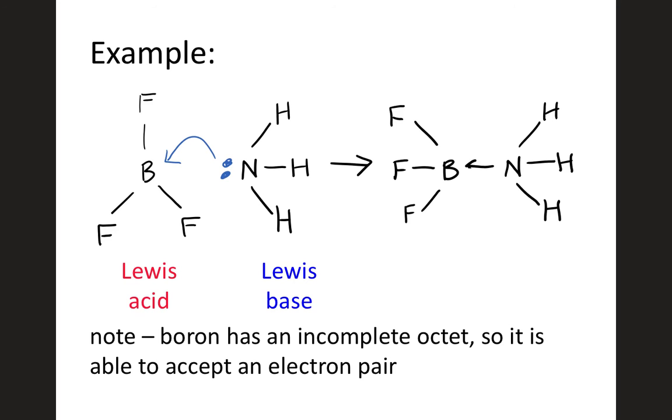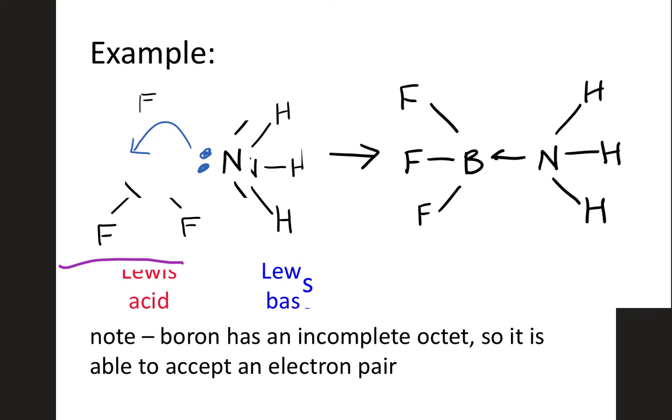So let's look at another example. Here we have BF3, which we have evolved our understanding of its structure from having a resonance double bonded structure to an incomplete octet now. So we know that this has actually only 6 electrons around the boron and is totally capable of bonding with another.